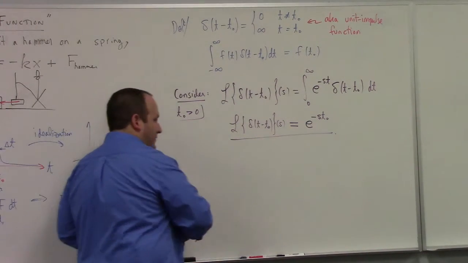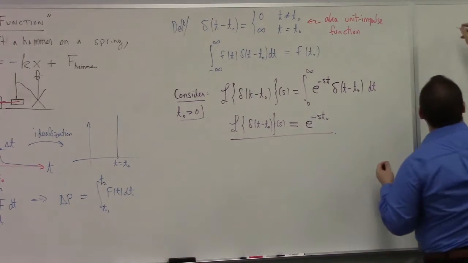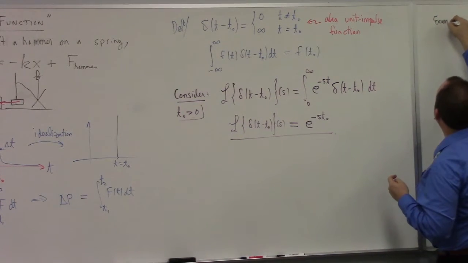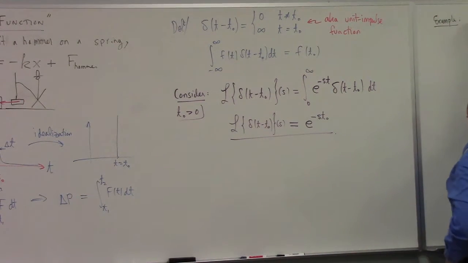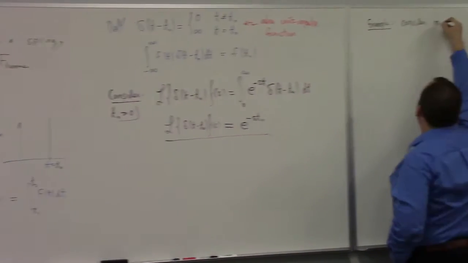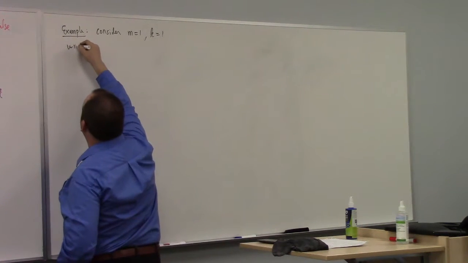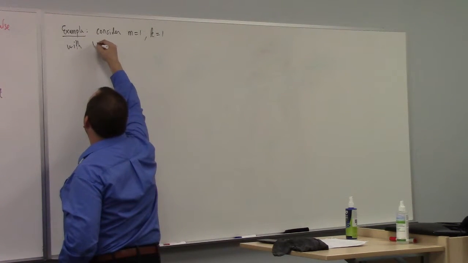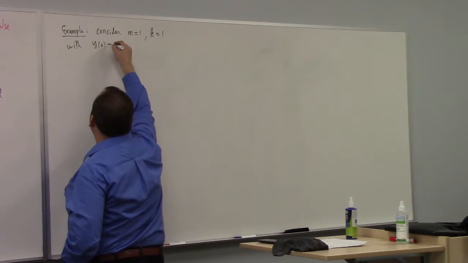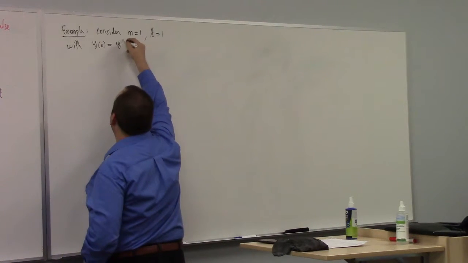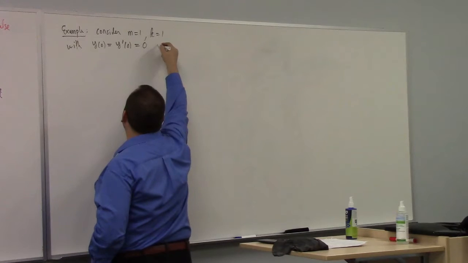So let's solve a hammer spring problem. Consider mass 1, spring constant 1 with, let's say, y of 0 equals 0, I'll keep it really simple, y prime of 0 equals 0.